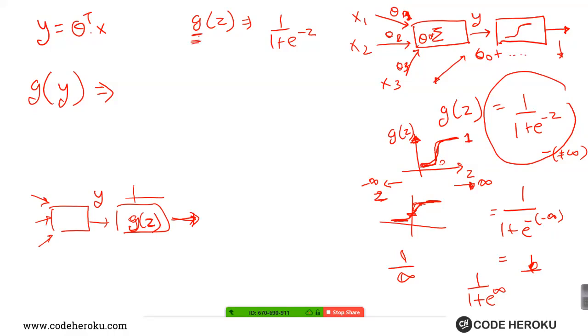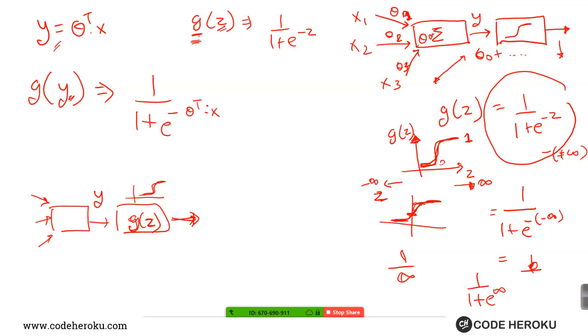It is pretty straightforward. Yeah, so if g of z is this, then if I want g of y, then the output should be 1 upon 1 plus e raised to, instead of z over here, we are substituting y. And what is y? y is theta transpose x, so e raised to minus theta transpose x.